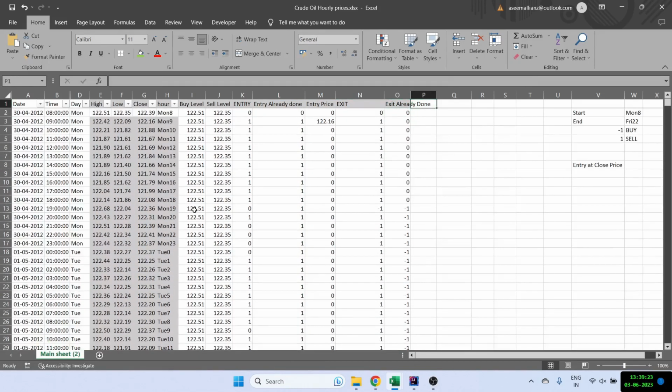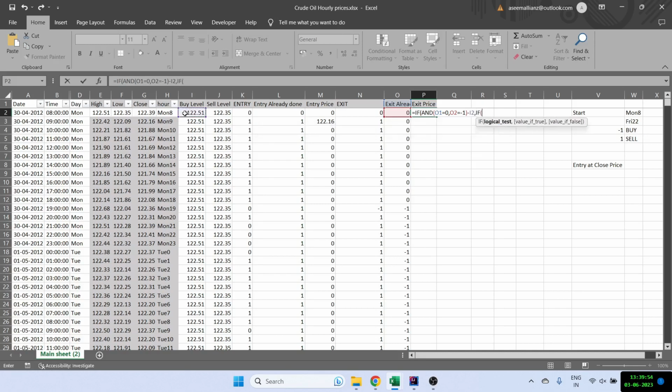So let's just find the exit price now. If my previous is 0, same idea that we did for entry price. If my previous exit is 0, but my current exit is equal to -1, in that case I will go for I2, which is a buying level.